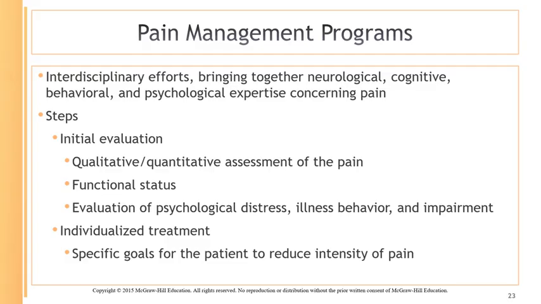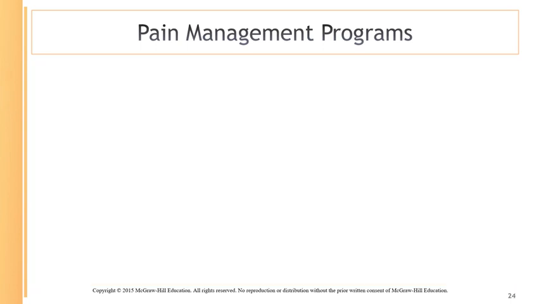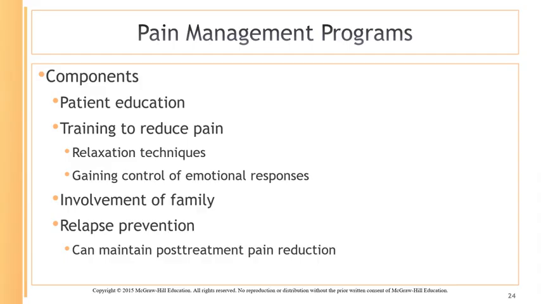This includes creating specific goals for the patient to reduce the intensity of their pain. Other components involve providing the patient with sufficient education about what might be causing their pain and some ways that they can manage it at home. Also training them to reduce pain using relaxation strategies and gaining control of their emotional responses that might exacerbate the pain.